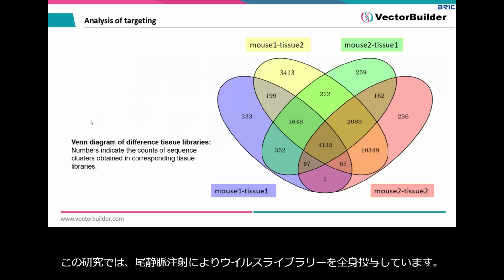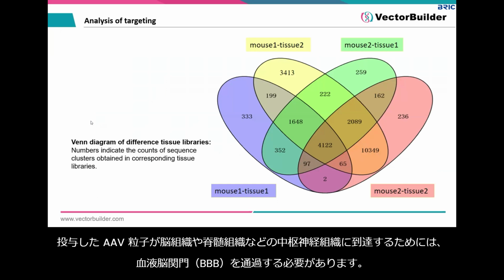After in vivo screening, we harvest the tissues from the animals. During this research, we did systemic injection of the virus library by tail vein injection. As we know, these AAV particles have to cross the blood-brain barrier to get to the CNS tissues, such as the brain tissues and the spinal cord tissues.